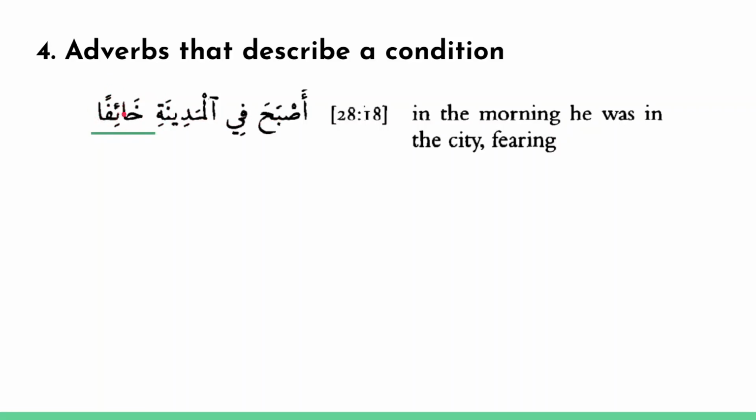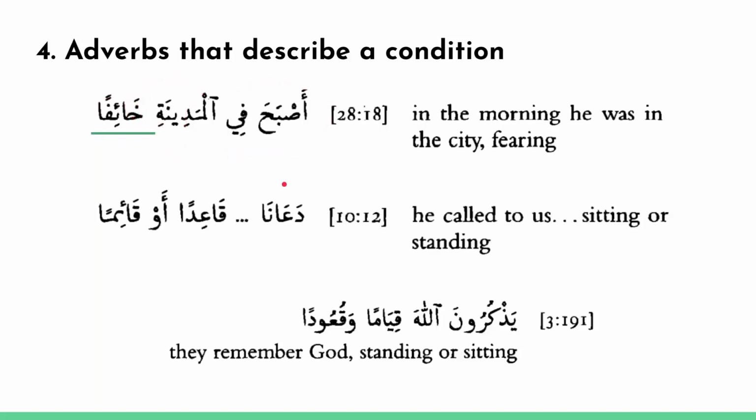And so because this khaifan describes the state of the subject while they're doing the action specified in the sentence, this becomes an adverb that describes hal. And so as a result, this takes the mansub form. You can see khaifan, the double fatha here, which means that khaifan is in the mansub form. Because it's describing the condition of the subject while they're carrying out this action.